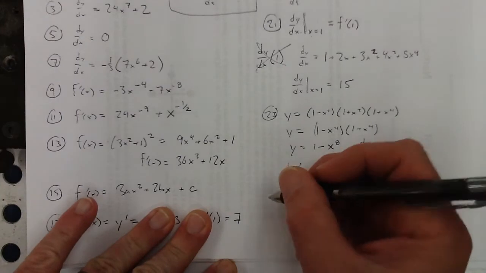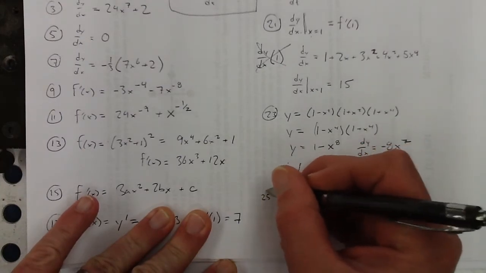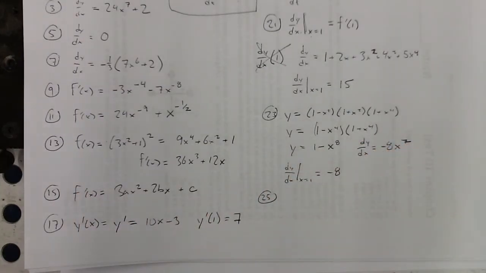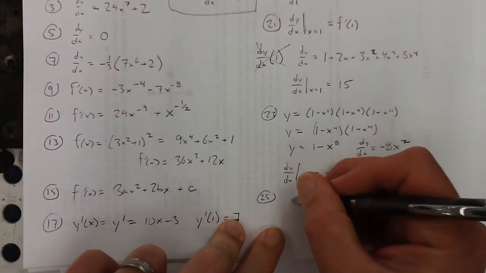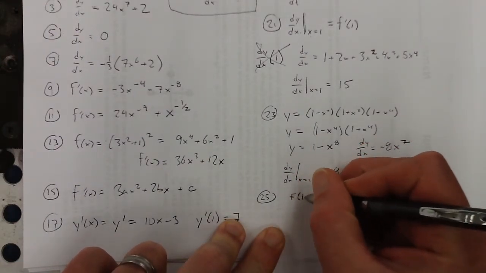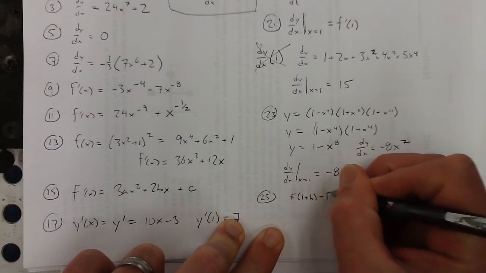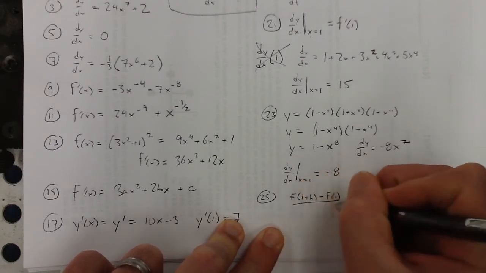Let's see if I can fit 25 and 27 in here. 25. Ooh, different directions. All right, let's see what's going on here. So approximate f prime of 1 by considering the difference quotient f of 1 plus h minus f of 1 all over h.